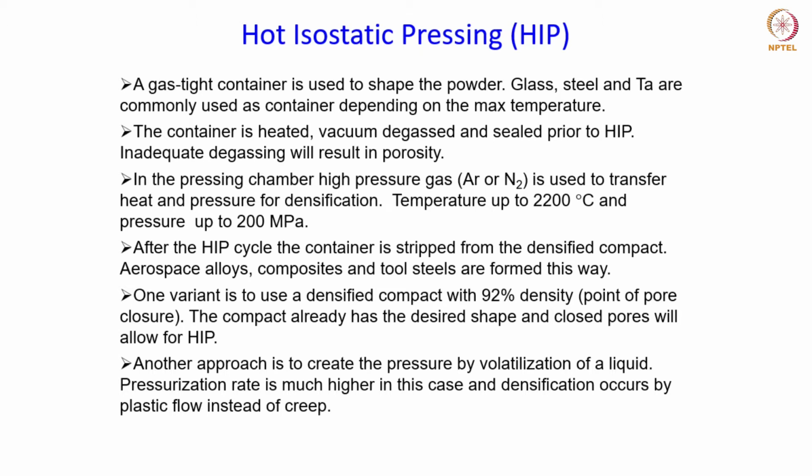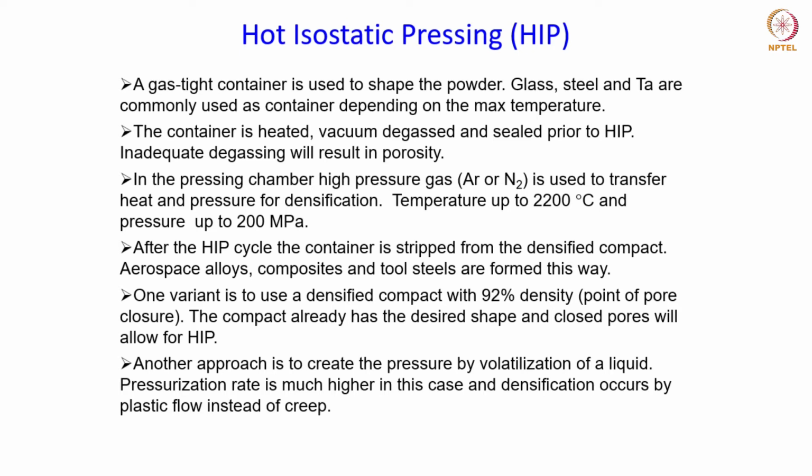Like we have seen, hot pressing, or uniaxial hot pressing, is the counterpart of uniaxial compaction. Here hot isostatic pressing is the counterpart of cold isostatic pressing, wherein the compaction occurs at a higher temperature, and therefore the compaction and sintering processes are combined into one step, and at the end of the process you get a fully dense compact.